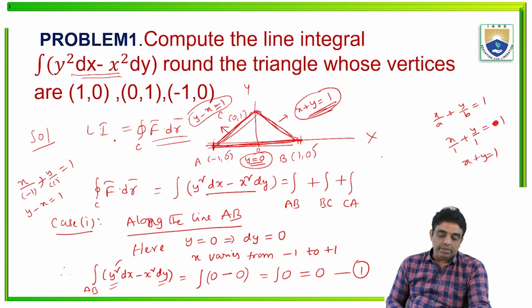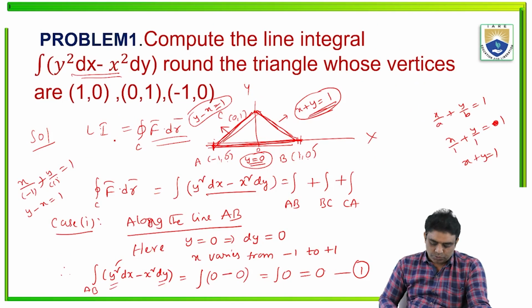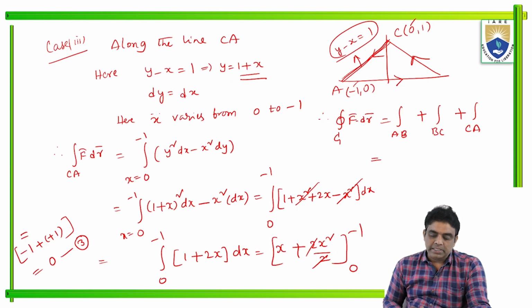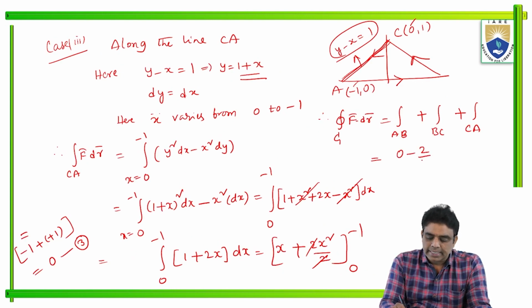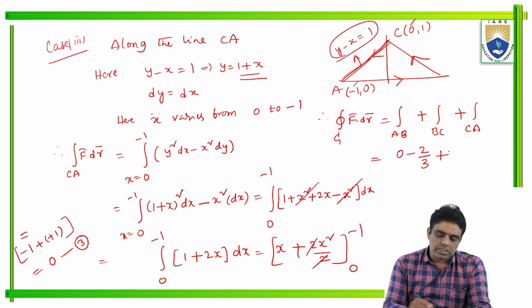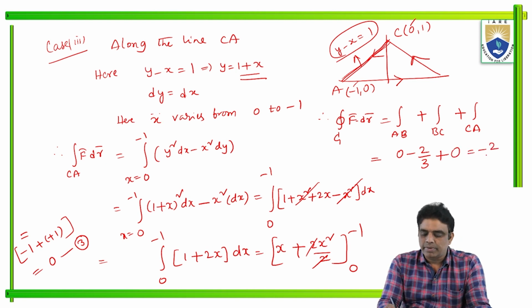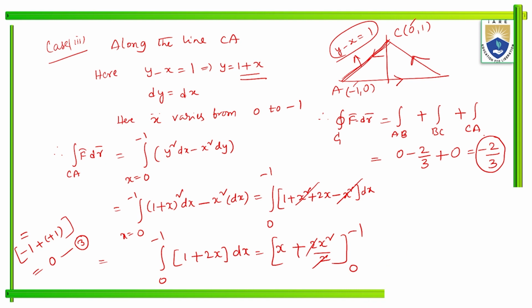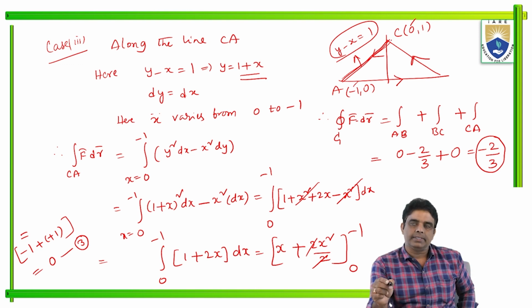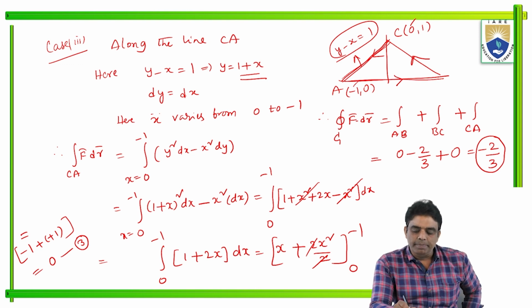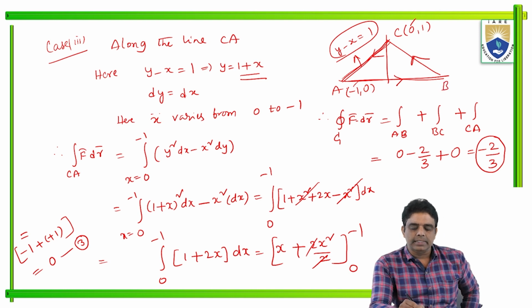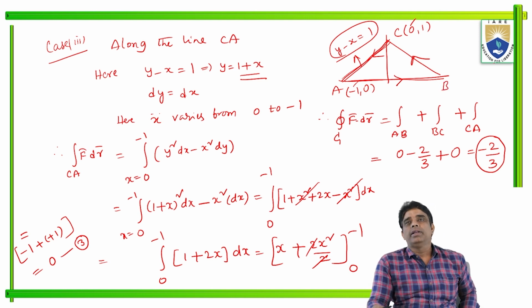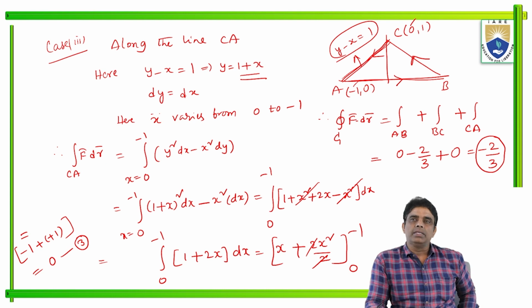First one is 0, plus -2 by 3 for the second, and the last one is also 0. So the line integral value is -2 by 3, which is the required solution. I am calculating it over the curve C, the entire curve, where AB, BC and CA are the sides. The complete integral comes as -2 by 3.